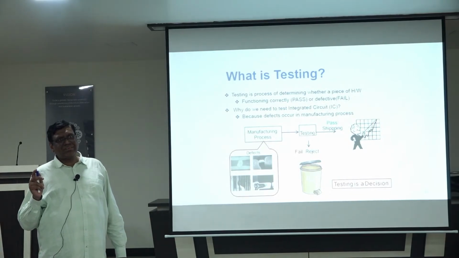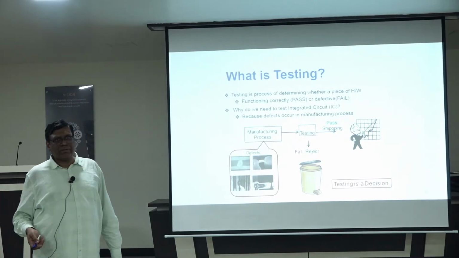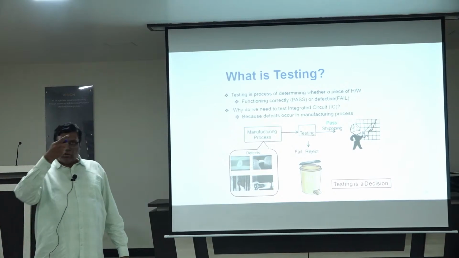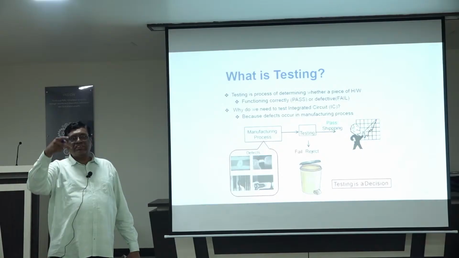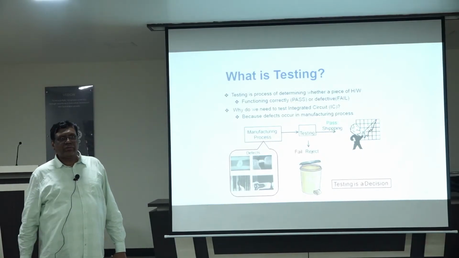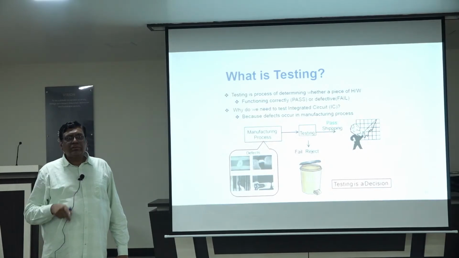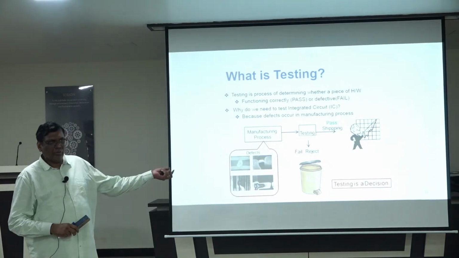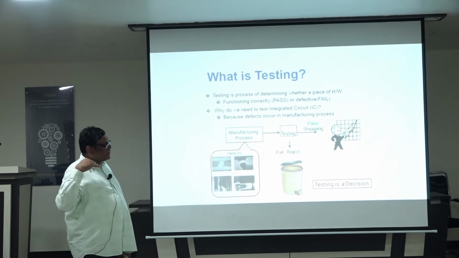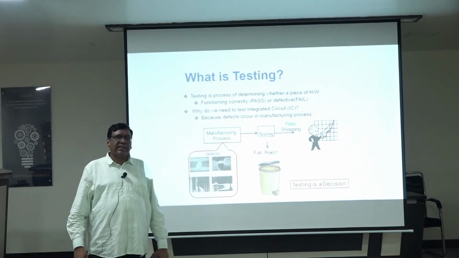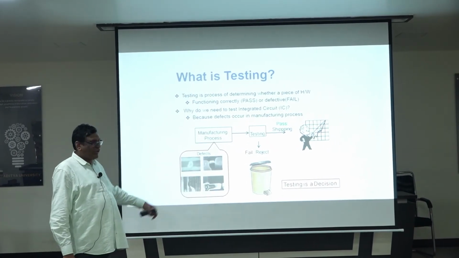GAA FETs, gate all around FETs, that's the technology going on at 1 nanometer, 2 nanometers. That means around the silicon, the gate goes completely around, not only on the surface. That technology is going on, but we are not going to discuss that. Design has gone into that advanced stage. That's not our topic now, so we will not go into it.